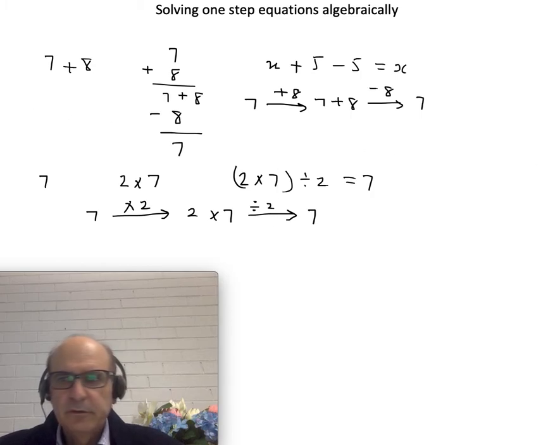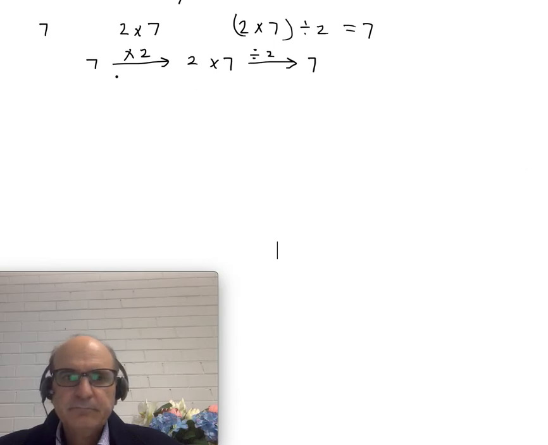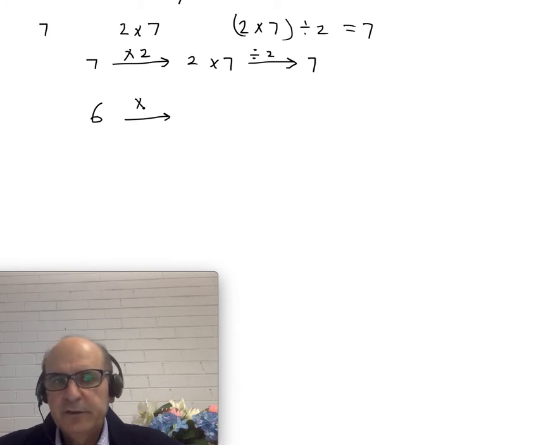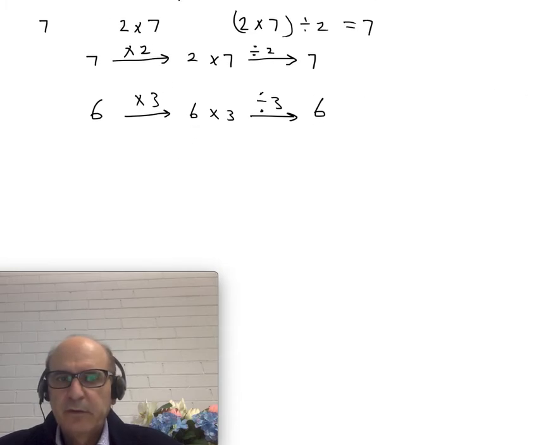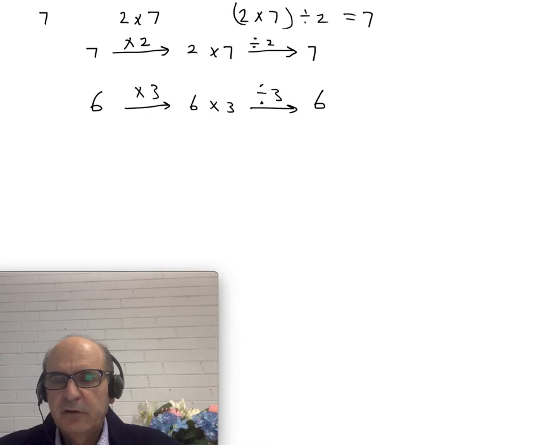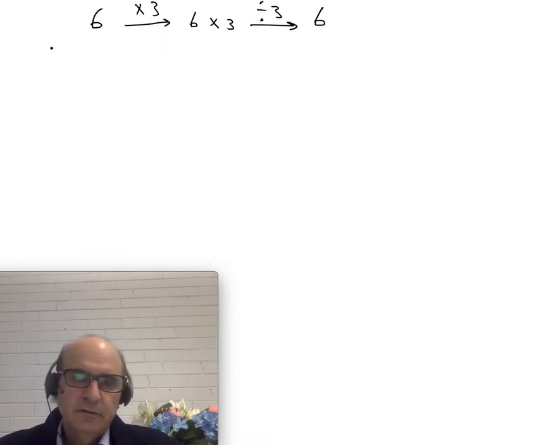So for example, if I had the number 6, then I times it by 3, so I have 6 times 3. Then I divide again by 3, I end up with 6. Okay, these are the things that we need to be aware of in solving equations with one step.